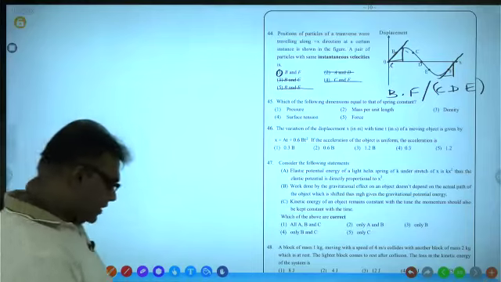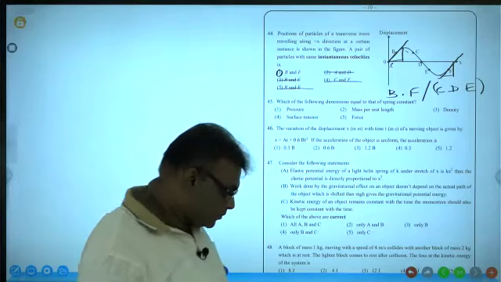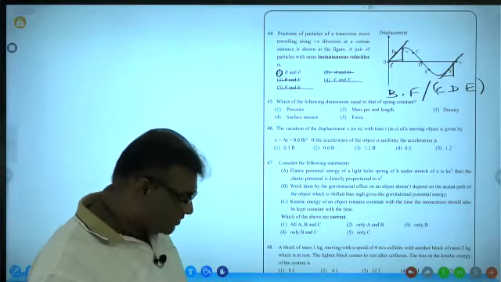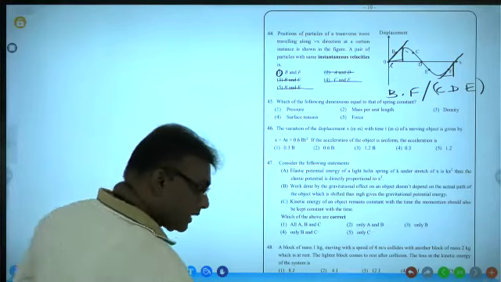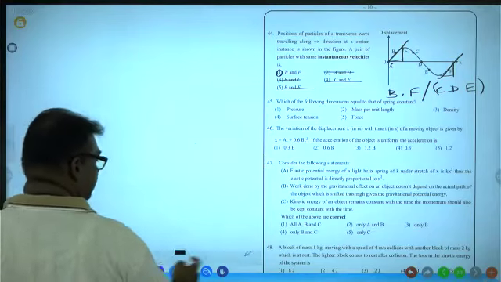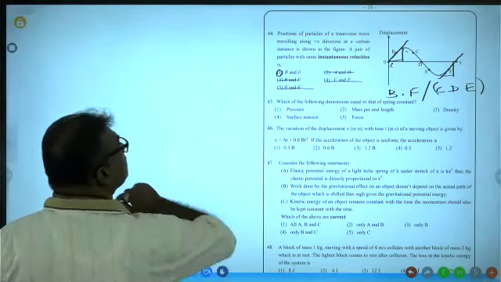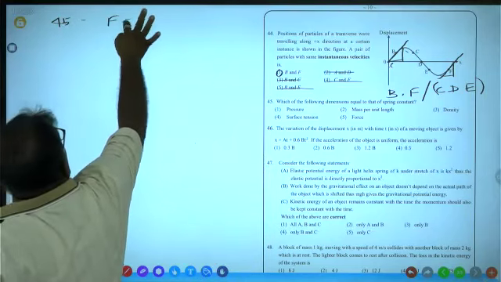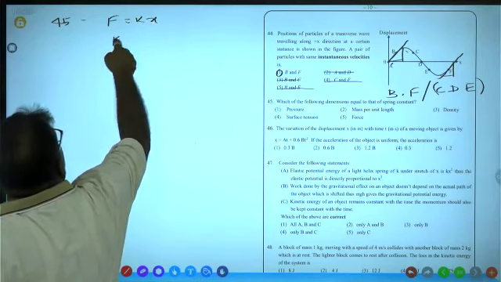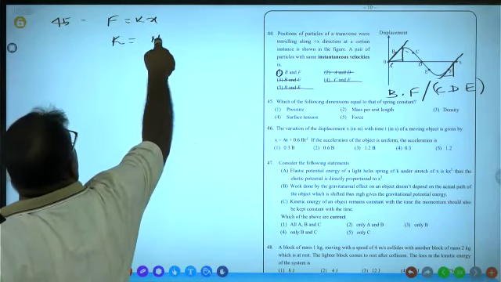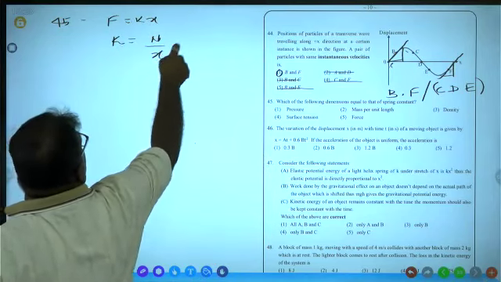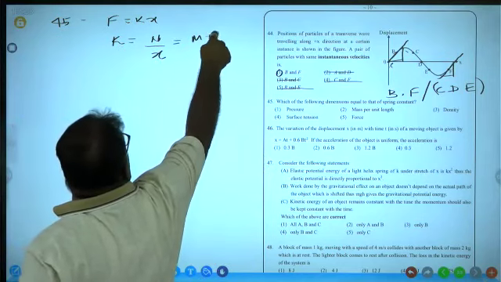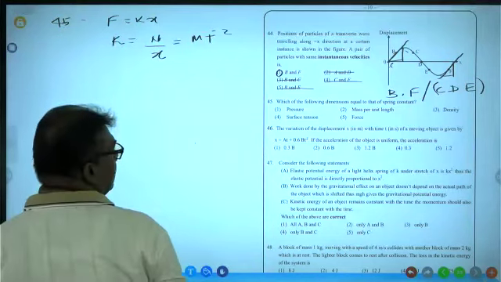Okay. Number 45. Which one of the following dimensions is equal to the spring constant? We need to recall and write the spring constant. Question number 45. F equals kx, then k becomes force in Newtons divided by x, which is m t minus 2, right?